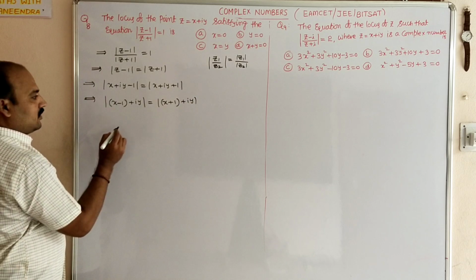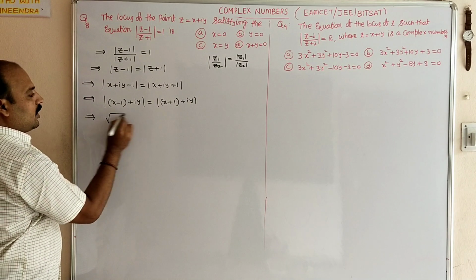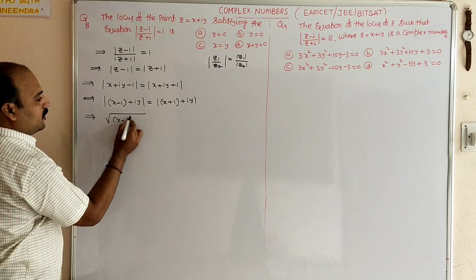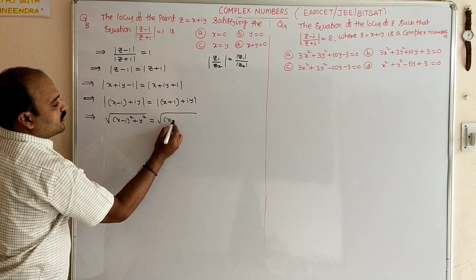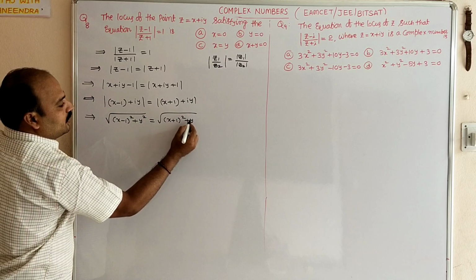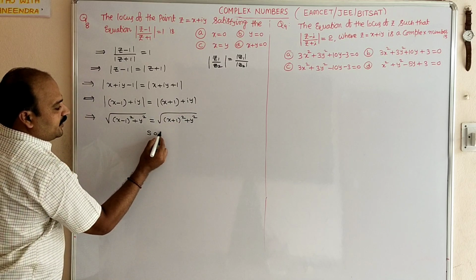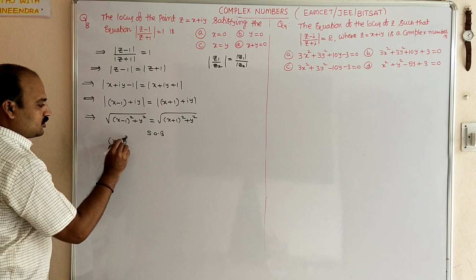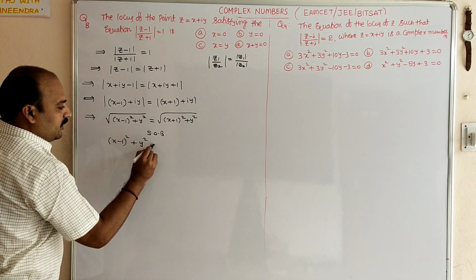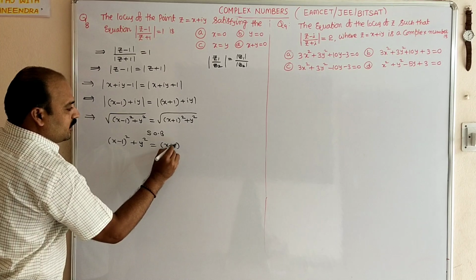So the complex number modulus: square root of (x - 1) whole square plus y square equals square root of (x + 1) whole square plus y square. Squaring on both sides, (x - 1)² + y² = (x + 1)² + y².